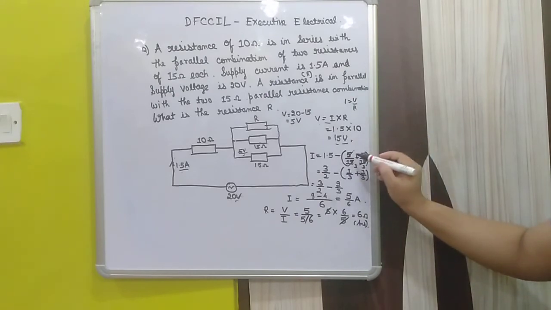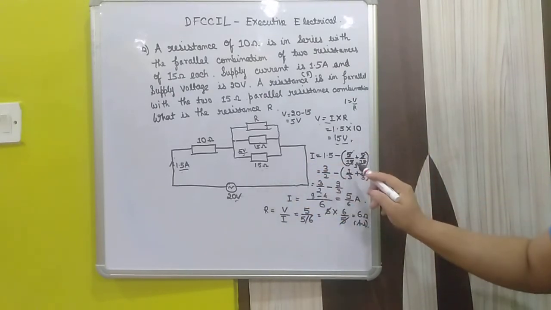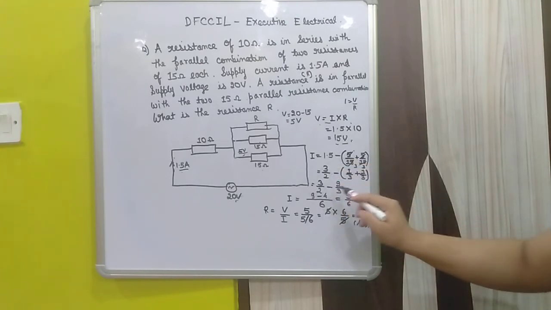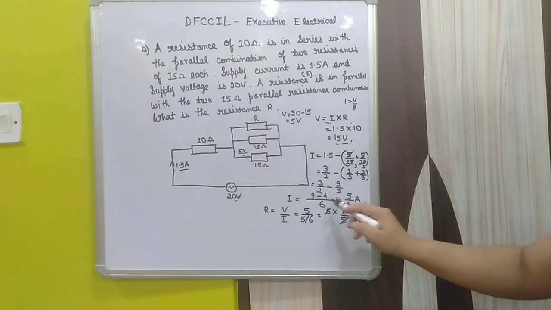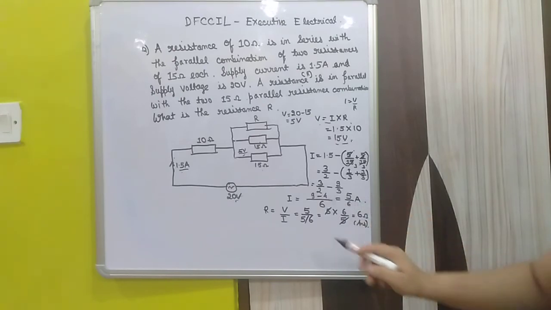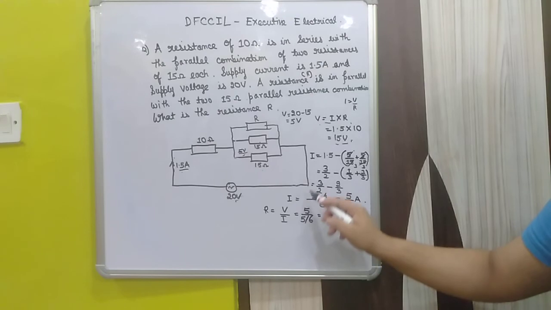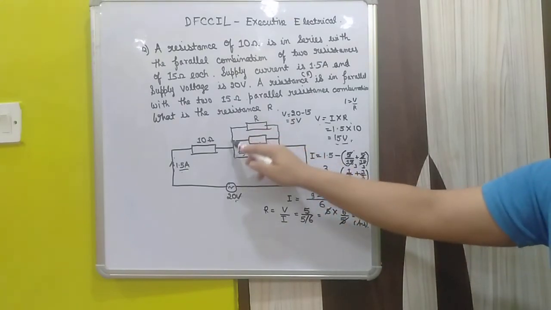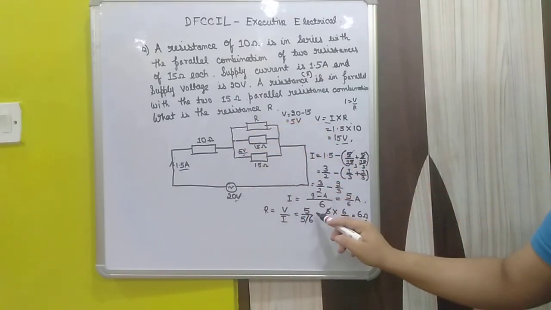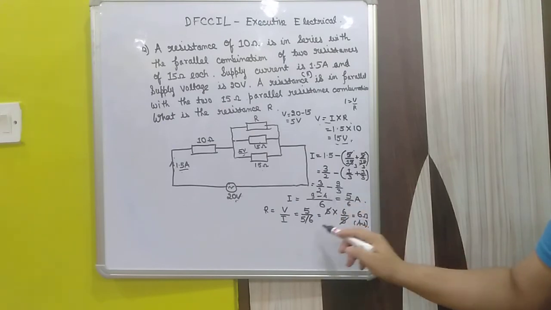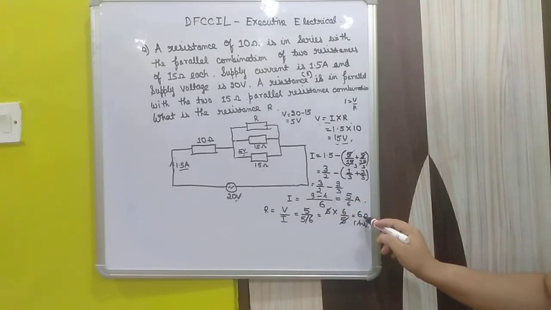So we put 5 divided by the resistance 15, 5 by 15 plus 5 by 15, it will be 1 by 3. We have done the full calculation, and with the LCM, I is equal to 5 by 6 ampere. And now we take the resistance, R is equal to V by I. The voltage in this circuit is 5 volt, divided by 5 by 6, we do the calculation, is 6 ohm. This is the final resistance, and this is the answer.